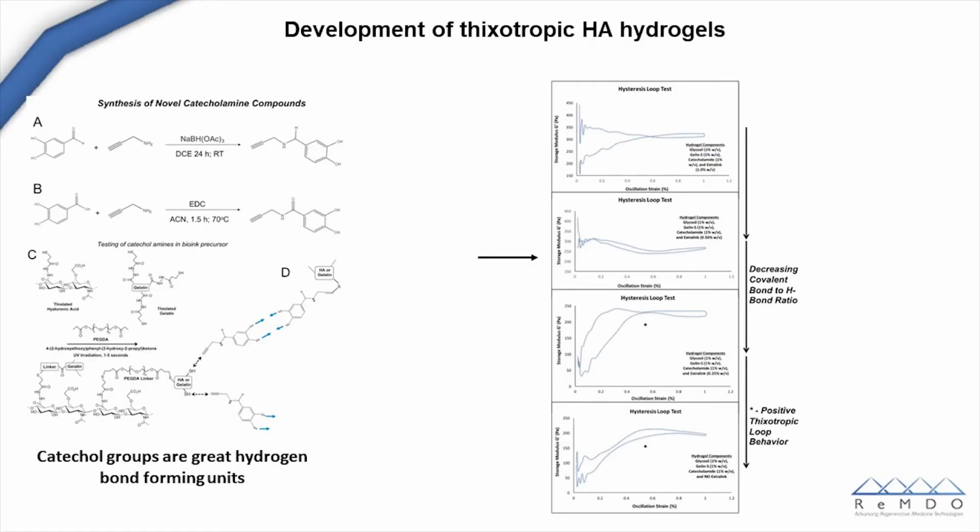And through further experimentation, we saw that there was also internal adhesion, which allowed for this thixotropy property to be exploited. And so this is one technology that we're using to incorporate into these hydrogels for the thixotropy.